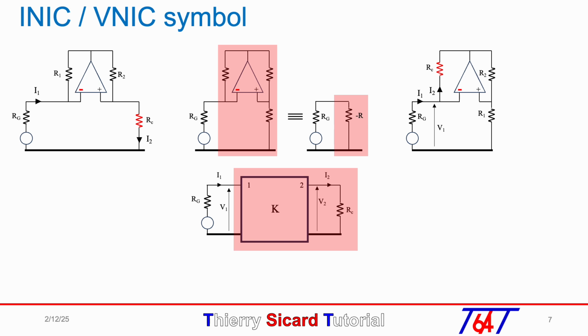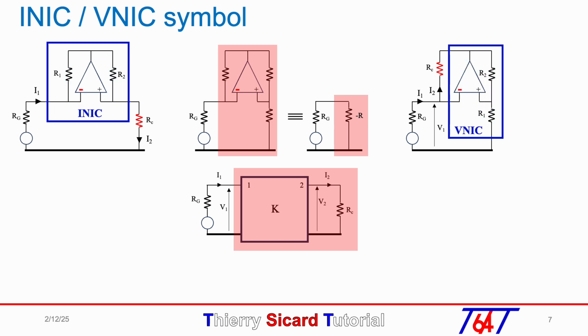VNIC and INIC are simply an op-amp and 2 resistors. So you can see the INIC and VNIC in the blue rectangle with their 2 resistors R1 and R2 in different places.